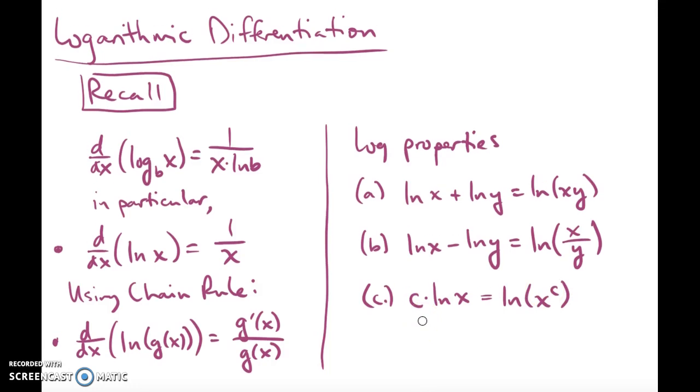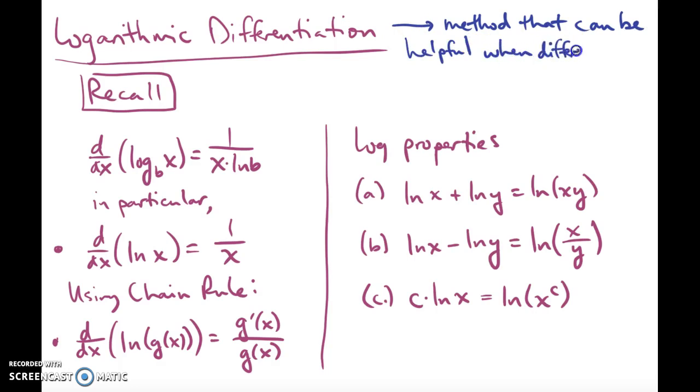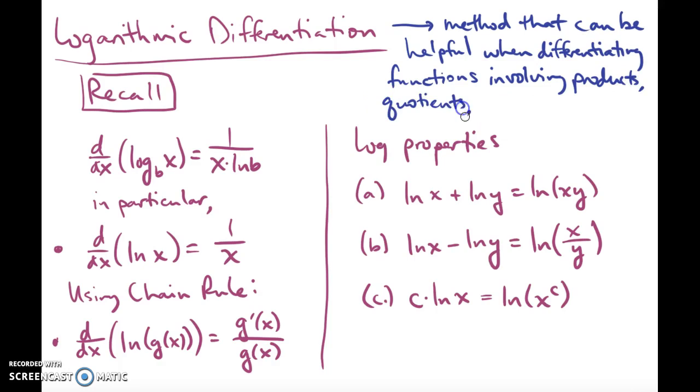So the idea with this logarithmic differentiation is this is a method of differentiation that can be helpful when differentiating functions involving lots of products, quotients, or powers, or combinations of all those.